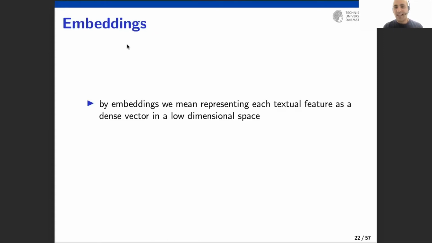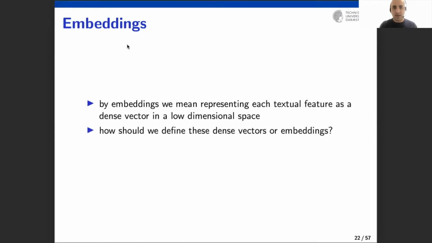So embeddings and dense encodings are kind of similar, just embeddings are mainly used in text representation to say that you map each textual feature to a dense vector of numbers.